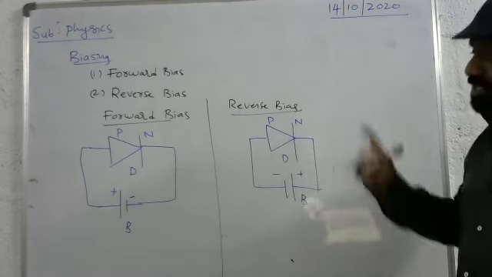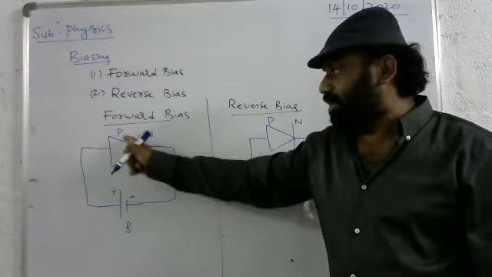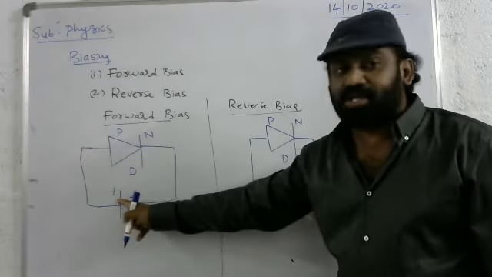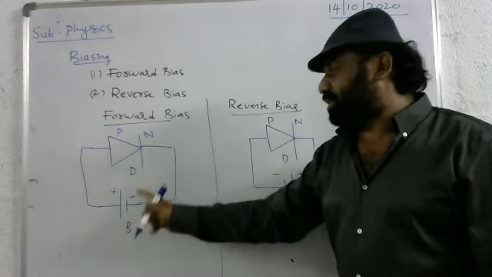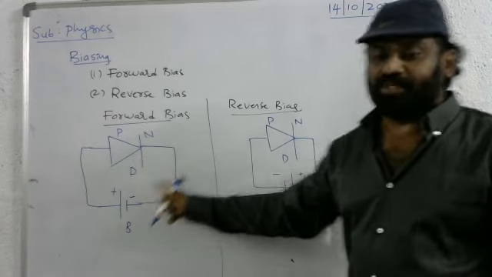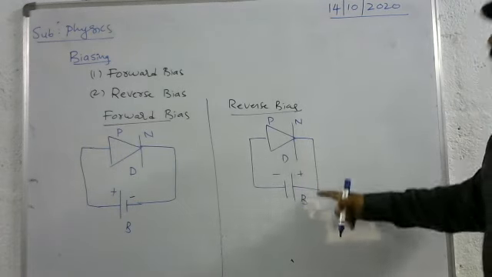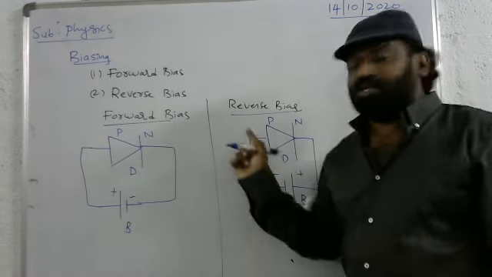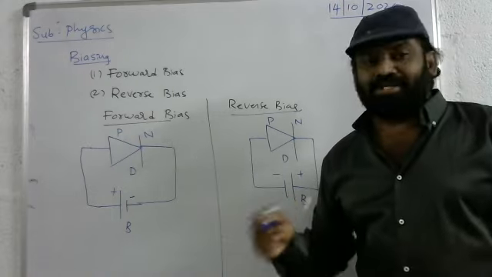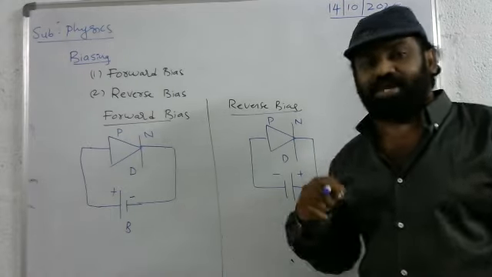That is the difference. Here in forward bias, P-type is connected to positive and N-type to negative. Here P-type is connected to negative, N-type is connected to positive. That is reverse.